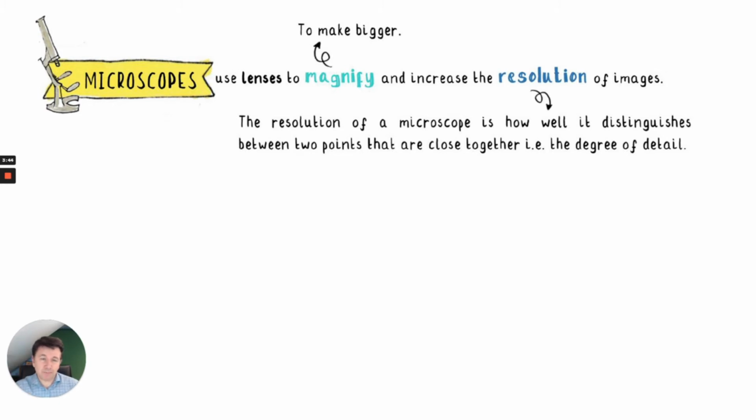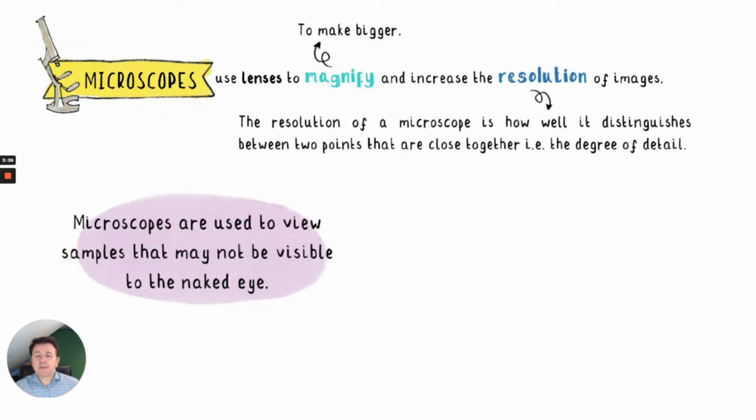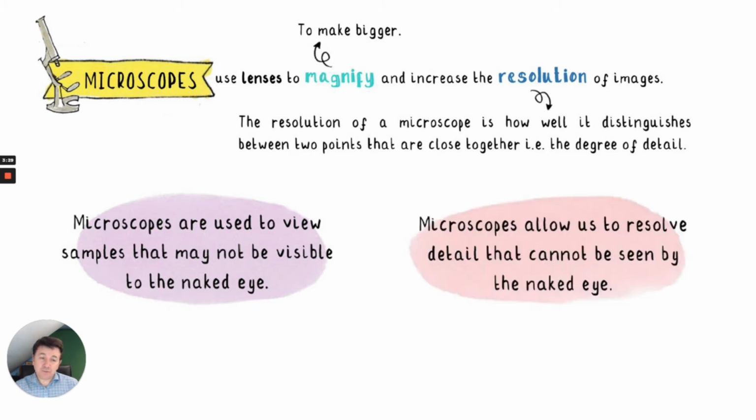It depends how good your camera is. Cameras are good at magnifying, but better cameras are really good at giving good resolution. So microscopes are used to view samples that may not be visible to the naked eye, and they allow us to resolve detail that cannot be seen by the naked eye.